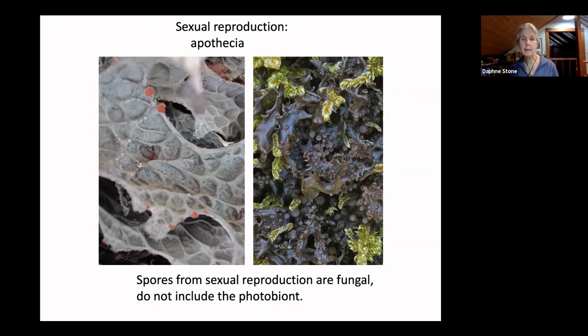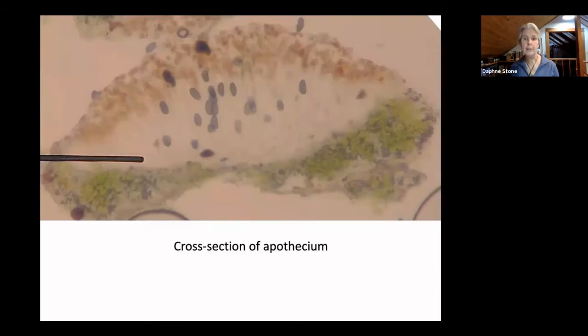So those lichens have figured out a good system there. And here's a cross section of an apothecium. You can ignore this pointer. Here's the rim with algae in it and fungal matter. And this is all just fungal hyphae, forming little sacs in here. And here are the spores that were in a sac and are now being released.